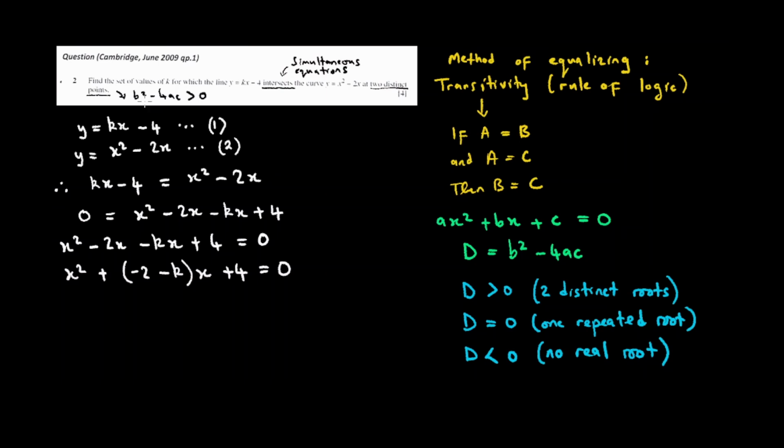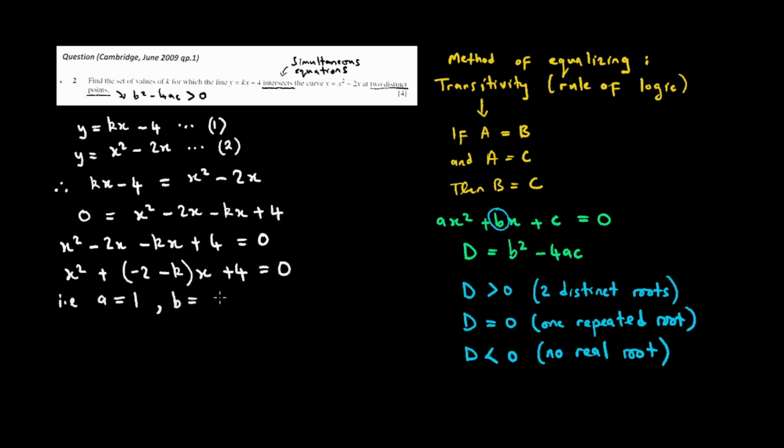But for our discriminant, we should clearly label b, a and c. Our coefficients should be clear. And to make our coefficients clearer, that is the reason why we looked at that x. We factor out x, so that the whole bracket becomes b. So a is equal to 1, because the coefficient of x squared is 1.